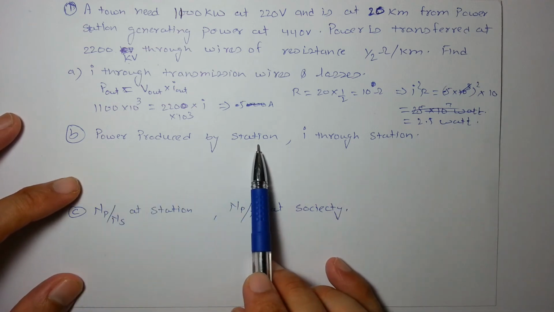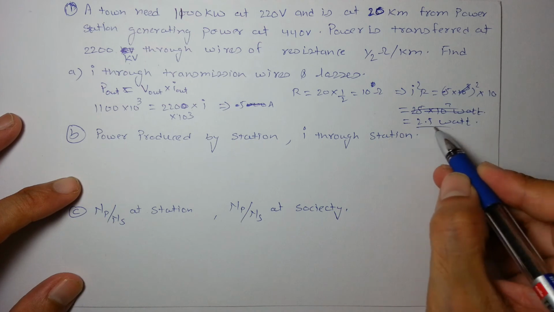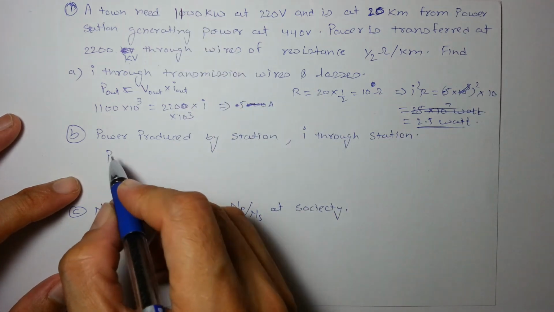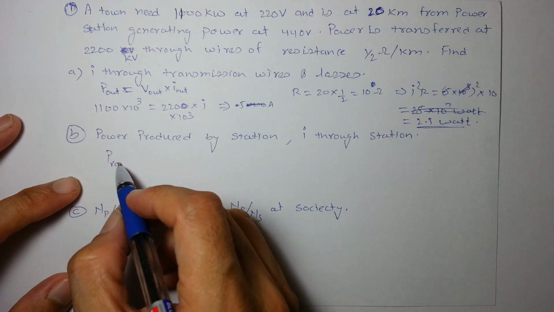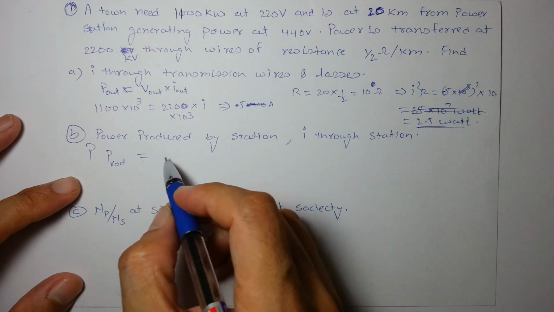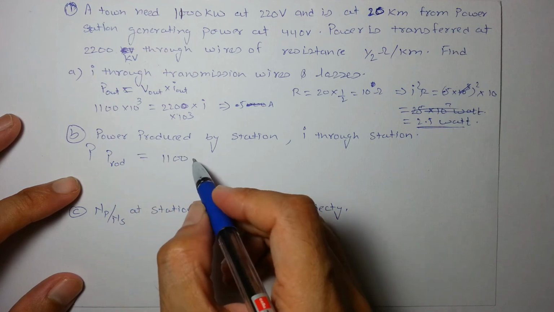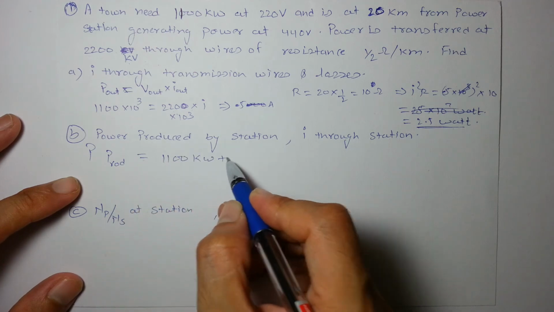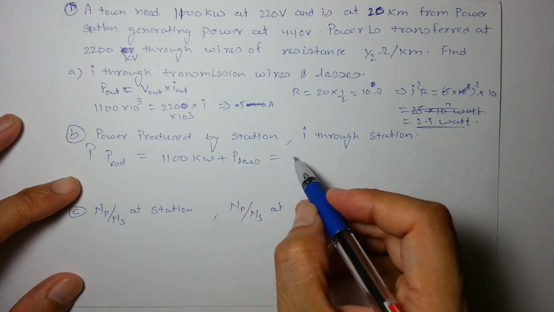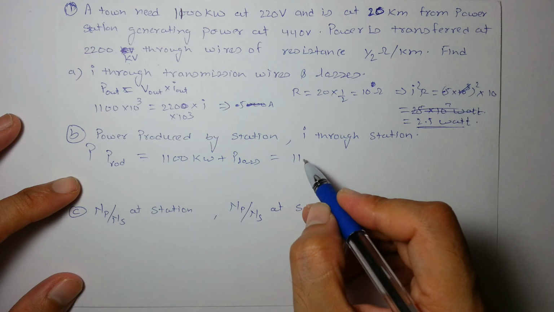What is the power produced by the station? Okay, as this power is lost and this power is required, so the power produced is nothing but 1100 kilowatt plus the power loss, which is 2.5 watt, more than that, that is negligible.